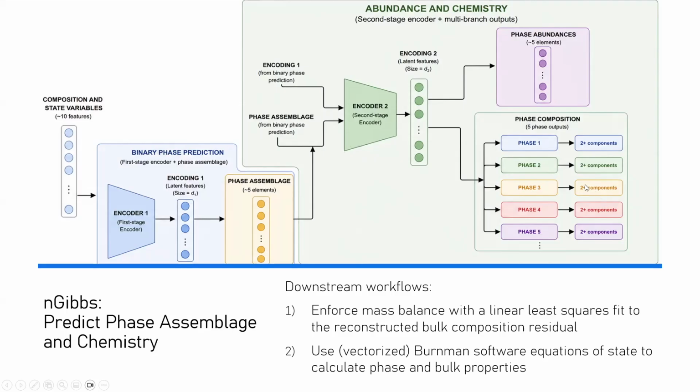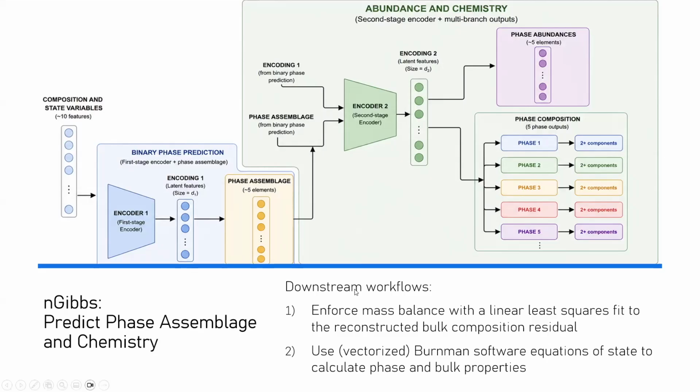After that, we have downstream workflows to make those results more relevant and interpretable. First, we have a least squares optimization to enforce mass balance so that, like other thermodynamic models, NGIBS has the property where we have the same composition in as out, which is obviously a great sanity check.